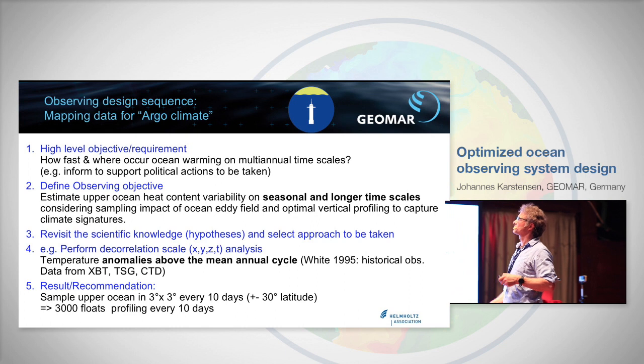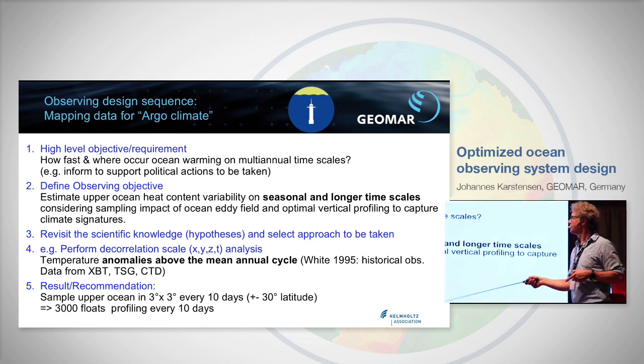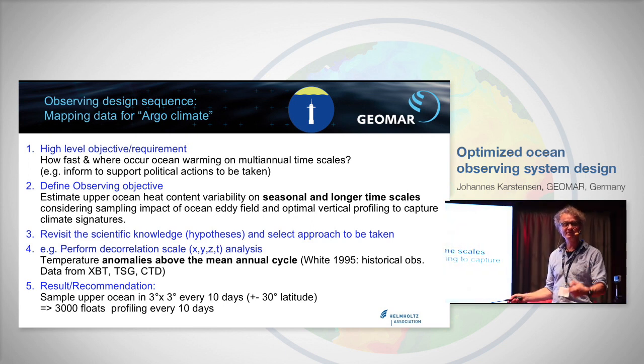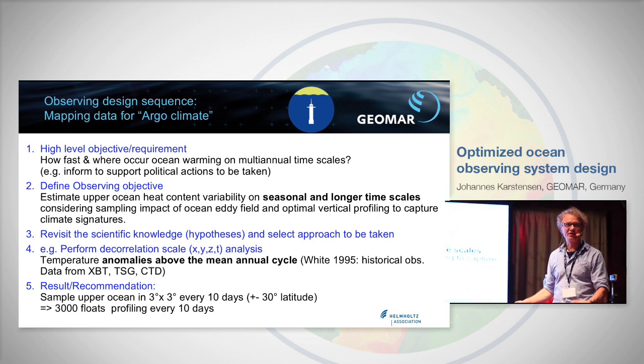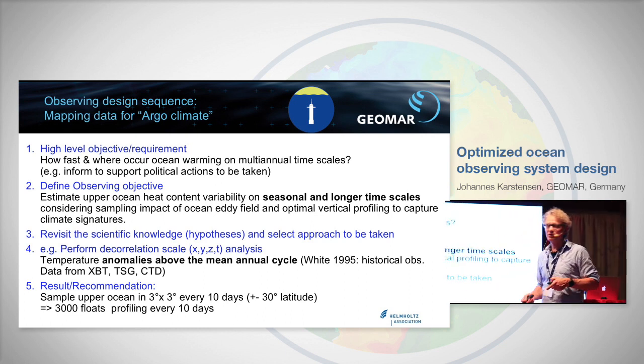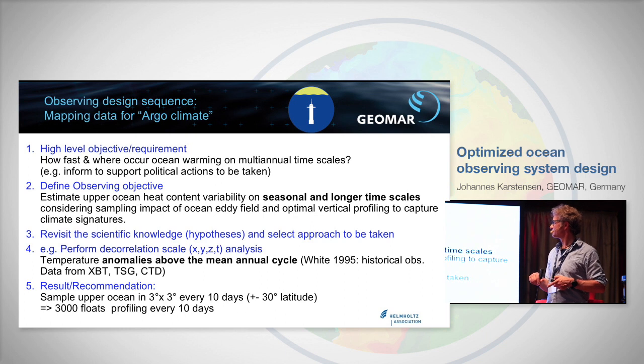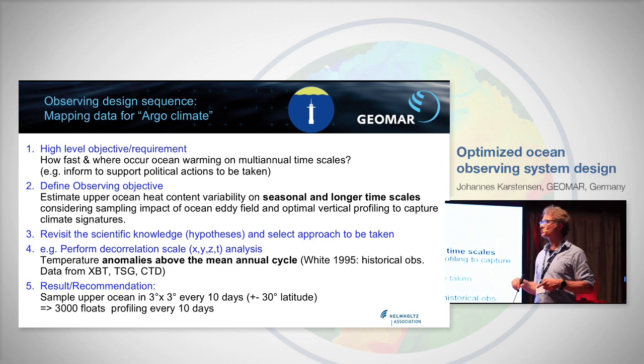And, of course, the sampling also needed to consider that there is a mesoscale field on top of it, and you would also want to know how deep temperature and heat content variability reaches. So you need vertical profiling. Then the scientific hypothesis was revisited, and a certain approach was selected.